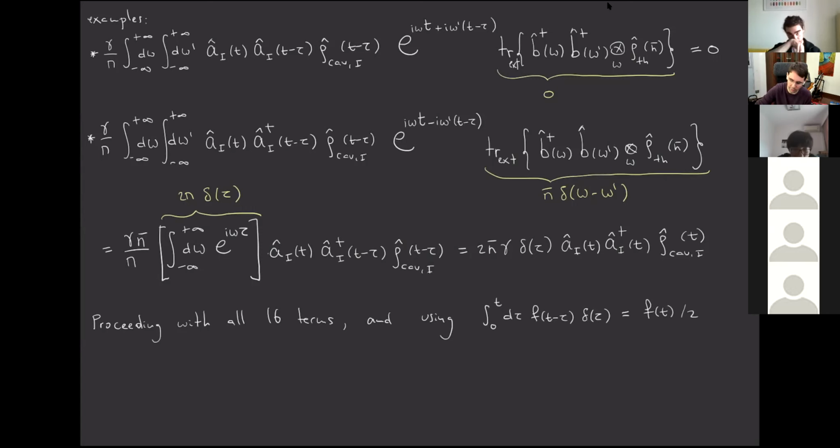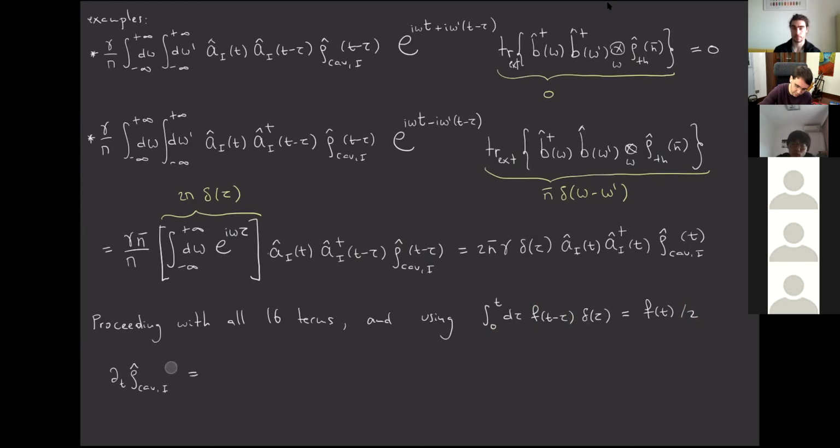So I remind you that the division by 2 comes from the fact that this delta function tells you that tau is equal to 0, but tau equal to 0 is already at the edge of the integration domain, at the boundary. So you have to put a factor 2 for any function that is continuous. And then with this, you find the final form of the master equation that takes this shape.